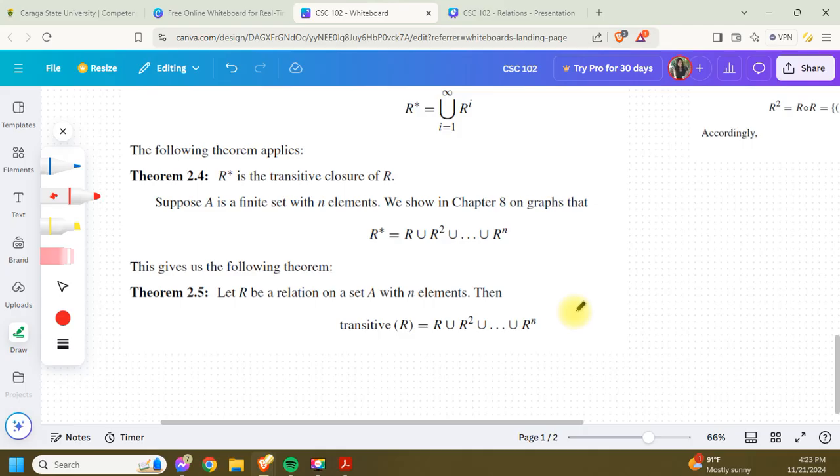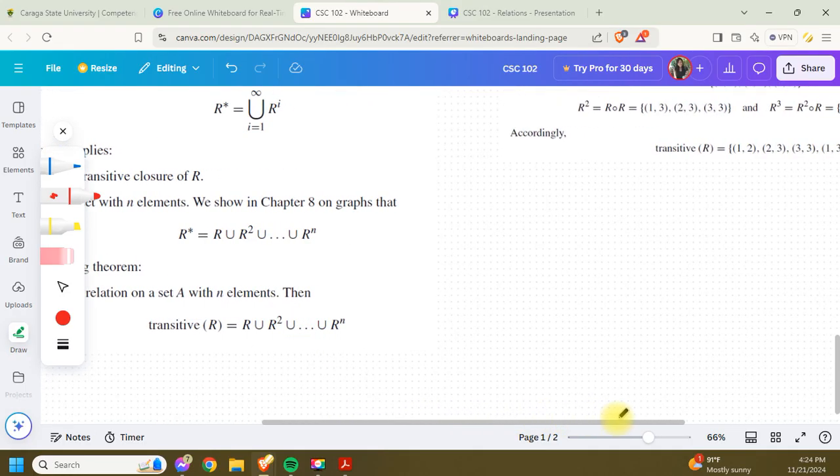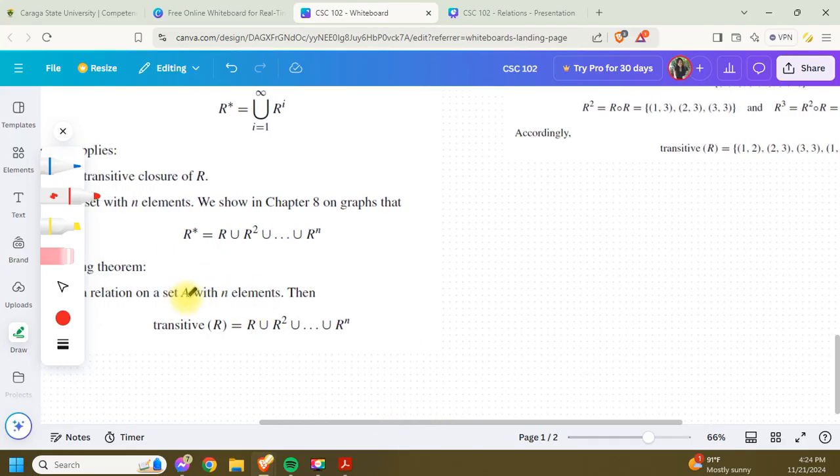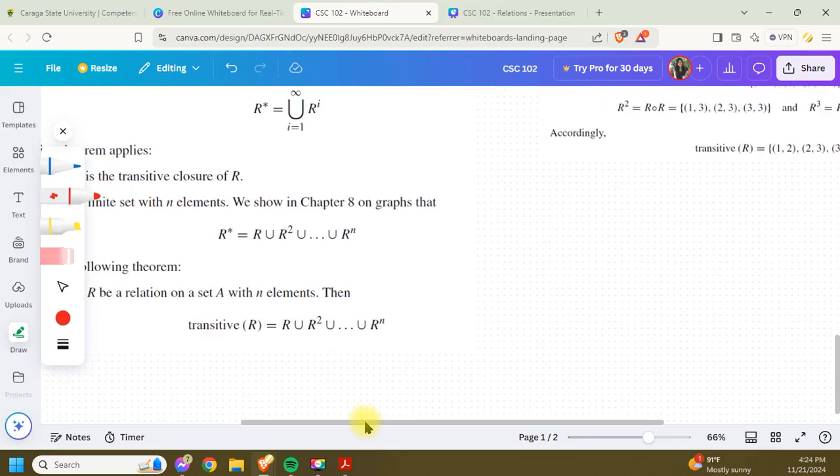Okay. So it says here that a transitive relation R can be represented with this one: R union R squared, union R cubed, and until Rn, wherein your n here is the number of elements in A, with n elements.